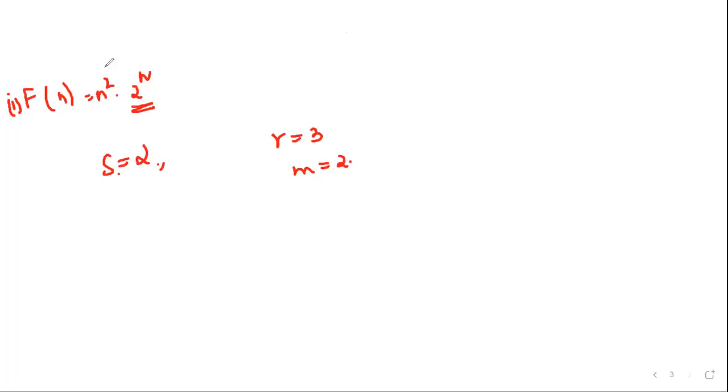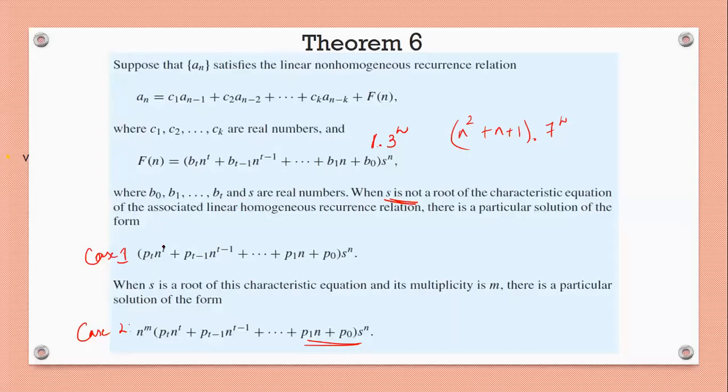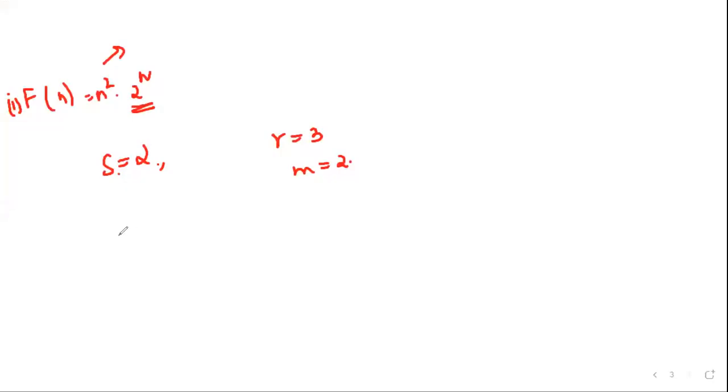Before seeing the case 1, we see that we have n square over here. So totally how many terms will we have in the bracket? We will have 3 terms. And let's see this. We have to write P0, P1 and P2 also, and we should not be multiplying with n power m, as we usually multiply when S is a root. So let's write the general solution, and for these problems you can write it directly.